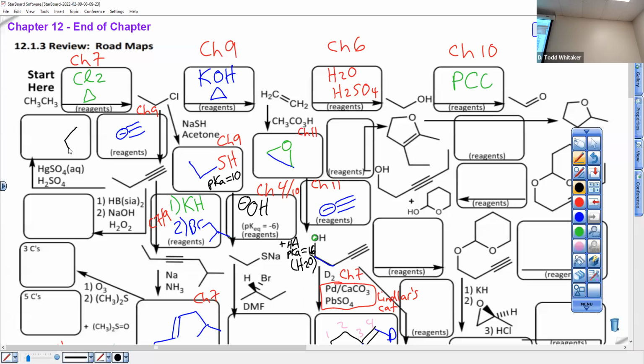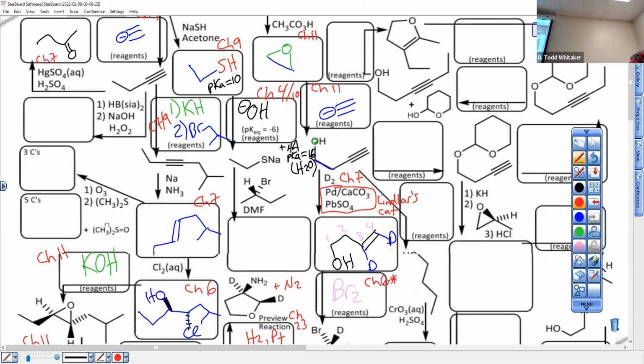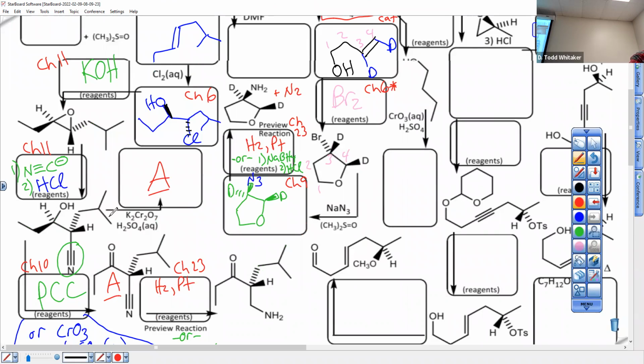So, ketone here. And 1, 2, 3, 4. End of the street for that one. That was a chapter 7 reaction. Did I miss one down here? 8. Well, chapter 10.